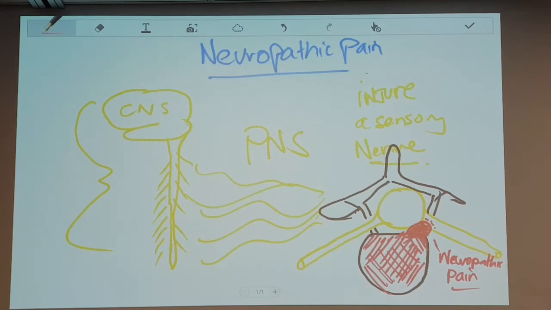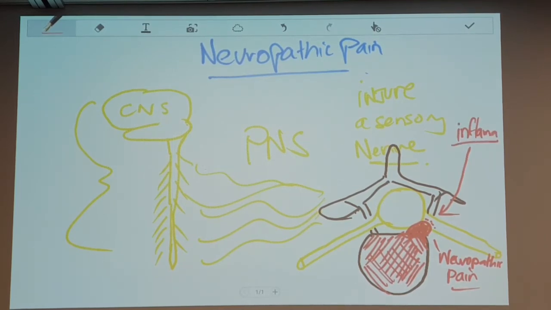Now, I'll explain it a little bit later, but just remember that there's often overlapping elements of these 4 types of pain. After this nerve is injured by the disc prolapse causing neuropathic pain, it isn't unusual to also get inflammation occurring there.